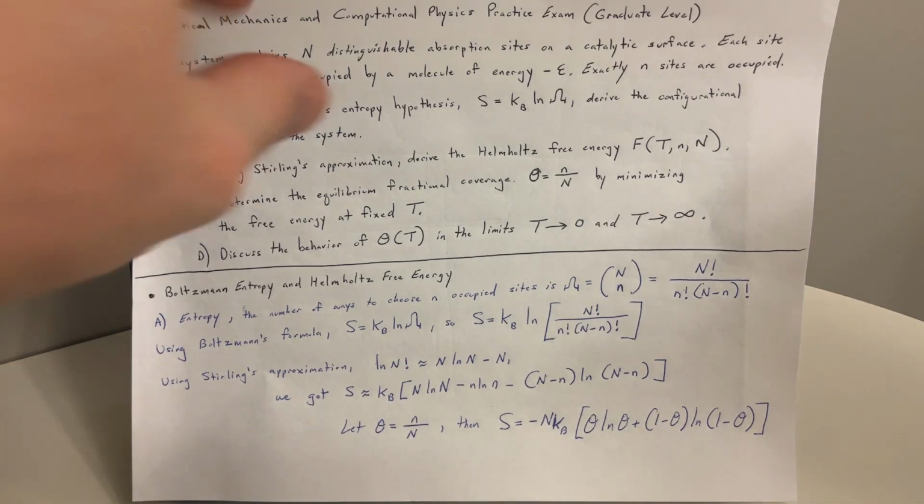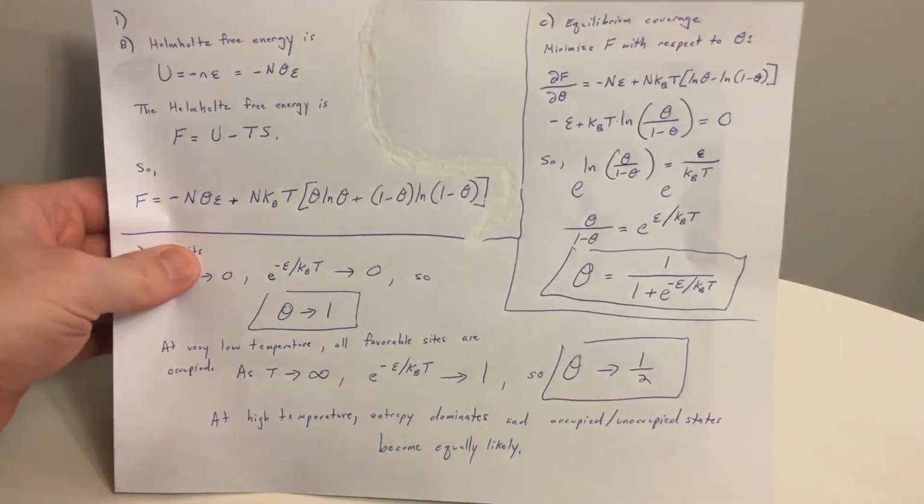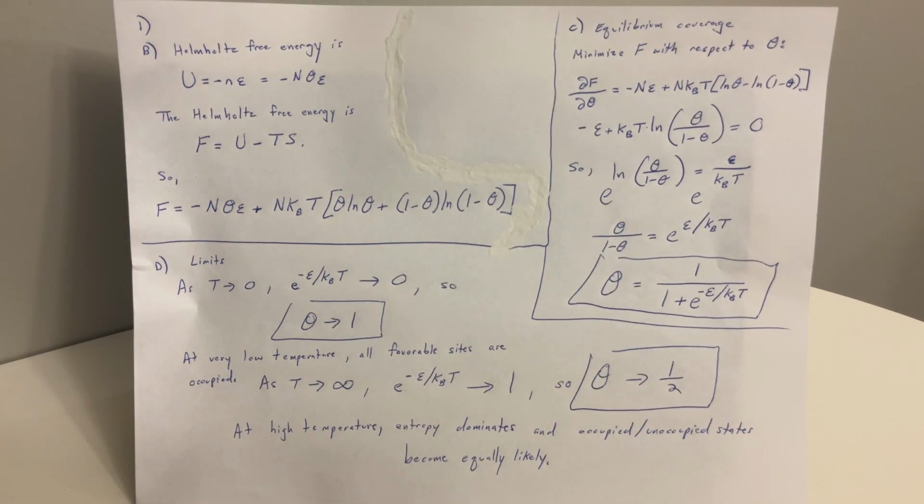Okay, so that being said, for letter B, the Helmholtz free energy, here's what we can do. The internal energy U equals negative n times epsilon equals negative N times theta times epsilon. The Helmholtz free energy is F equals U minus TS.